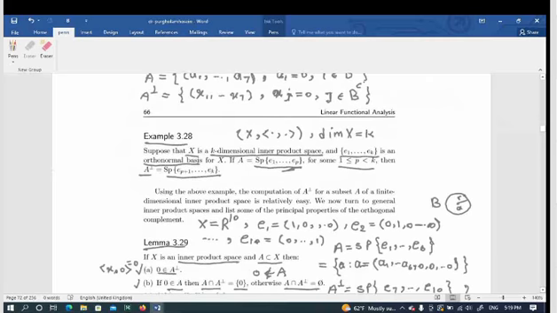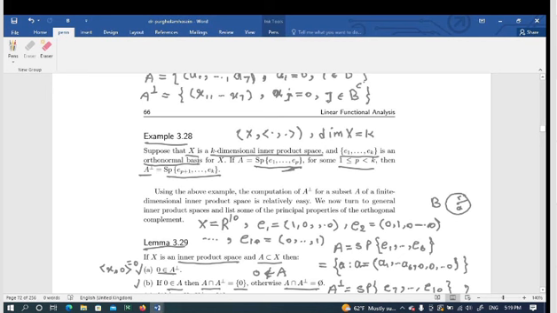Another example: suppose X is a k-dimensional inner product space and e1 to ek is an orthonormal basis for X. If A equals the span of e1 to ep for any p between 1 and less than k, then A orthogonal equals the span of e(p+1) to ek.